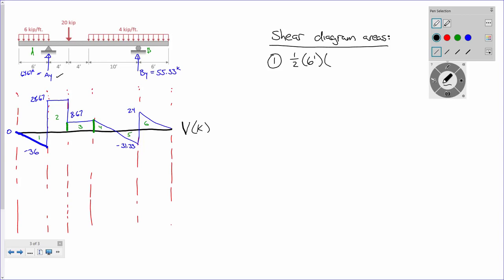The height is negative 36 kips. So that's half of 36, 18. 18 times 6 is negative 108, right? Okay. Area 2, was that 28.67 times 4 feet, which is what?